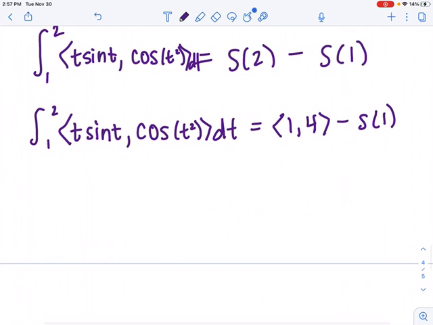So in your calculators, go ahead and take this integral right here, the integral from 1 to 2 of t sine of t. You should get 1.440. Now go ahead and take the integral from 1 to 2 of cosine of t squared.